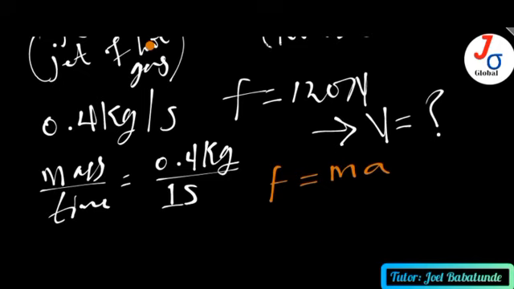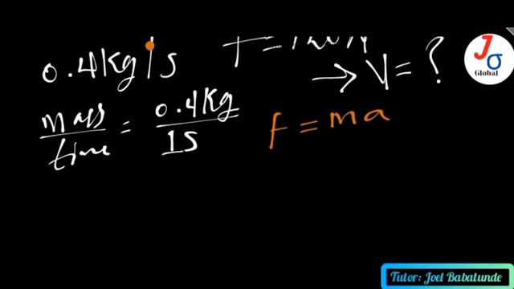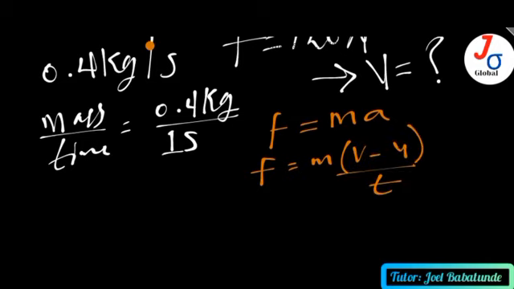And if that's the case, remember that when we were proving Newton's second law of motion and the relationship between impulse, Ft equals mv minus mu, we got that formula to be F equals m, then v minus u over t. I believe you can still remember this formula, isn't it? Good.